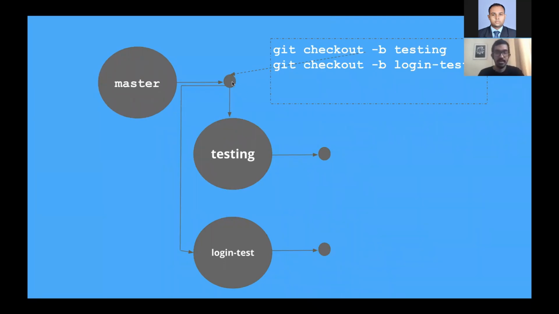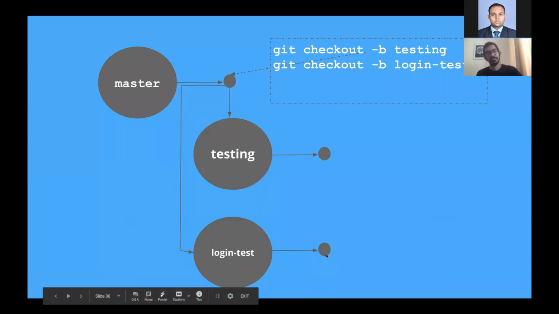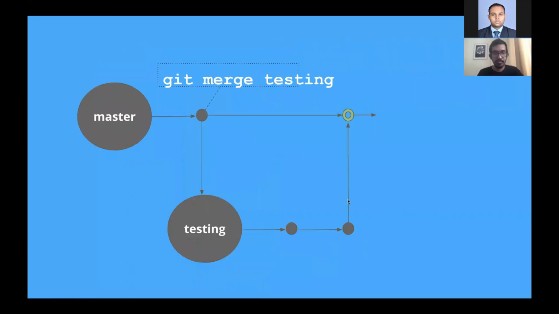We can run git checkout -b testing in the same place. Here we have created two different branches. Names are different, but the copy is same.